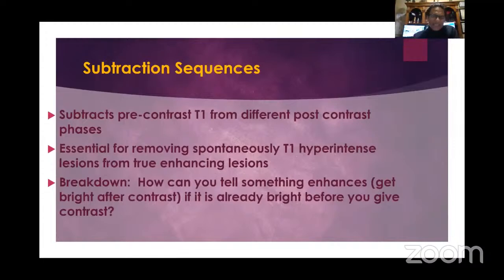It drives me crazy when I see outside scans where subtraction is not done. This is very simple. You just have to push a button and the machine does it for you. There is no extra table time or patient time. I think it's a crime not to do subtraction sequences when it is so easily available, and it makes a lot of difference in characterizing these lesions.